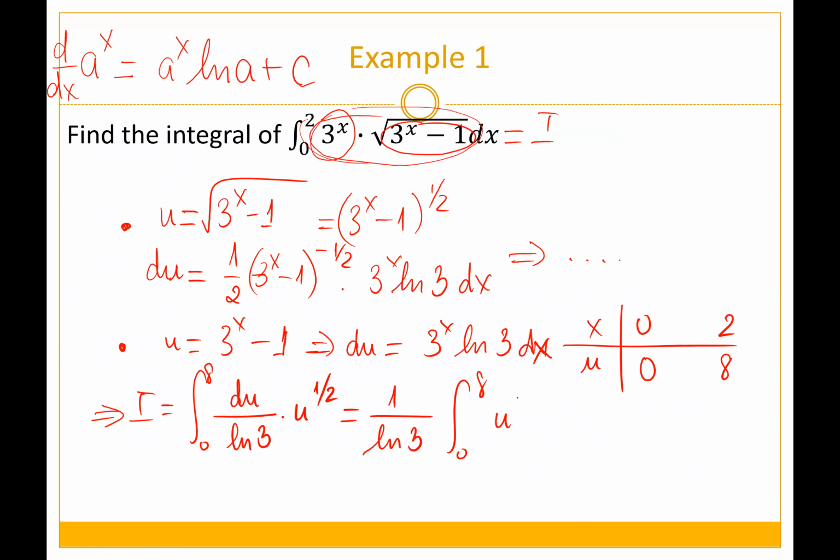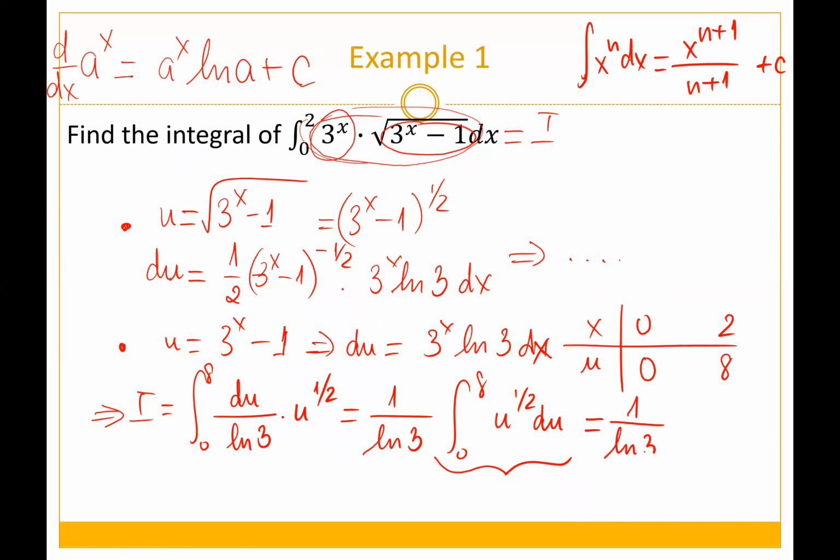0 to 8 of u^(1/2) du. This part is just the integral of a polynomial, where the general formula is the integral of x^n dx equals x^(n+1) over n+1 plus c. But now we have a definite integral, so we don't need to care about that c part. We just need to plug in the values. So you have 1 over ln 3 times 2/3 u^(3/2) from 0 to 8.